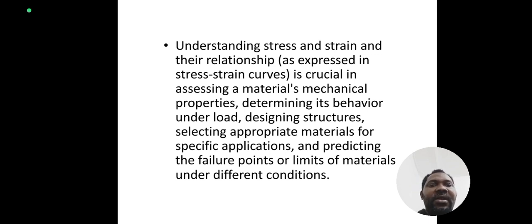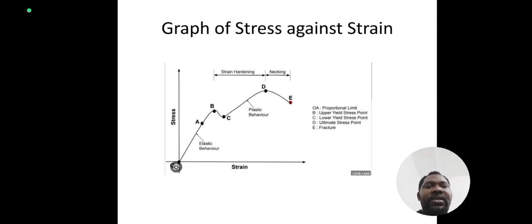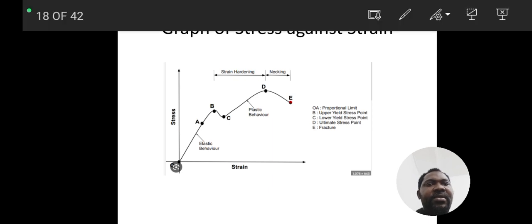In order to do that, we are going to be looking at a graph of stress and strain. When we plot a graph of stress and strain, this is exactly what it looks like. I want you to note the different points on the graph. We have point A, we have point B.